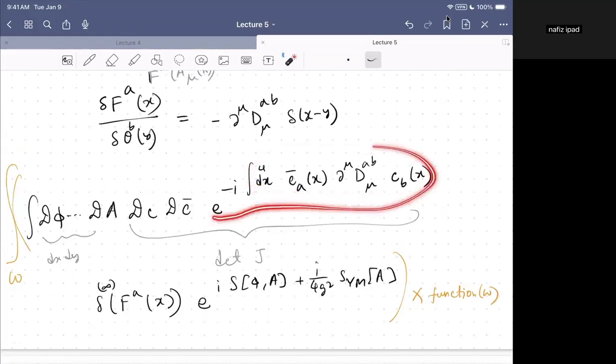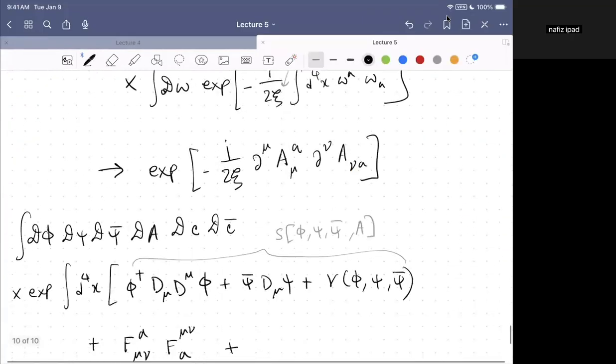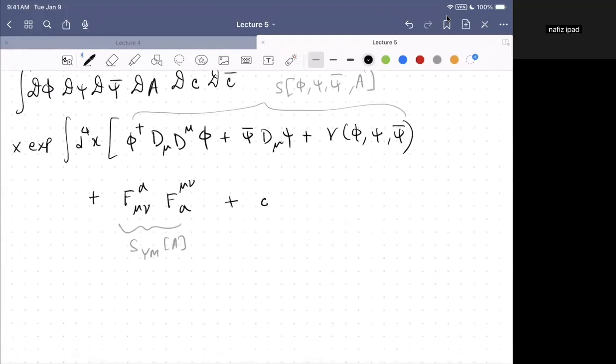Notice that now this term is also in the exponent, so we can simply treat that as a modification to our original action. So what we have here is C bar, C, A.